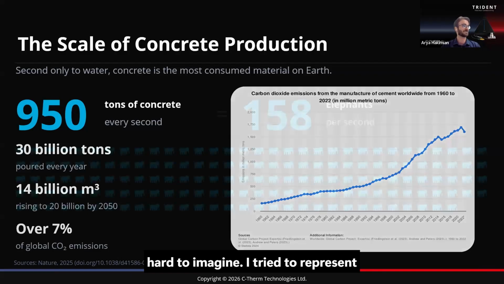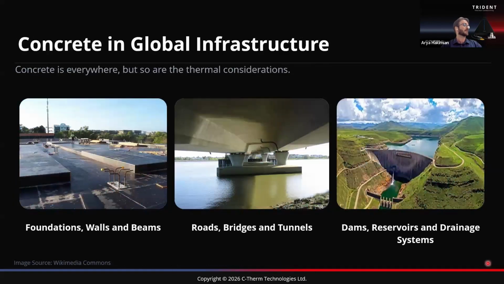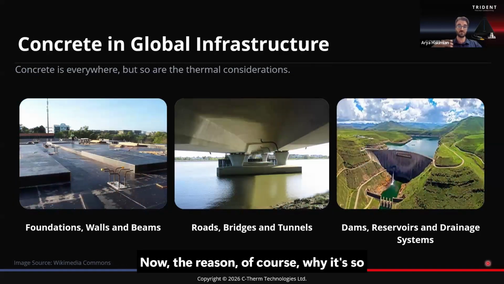I tried to represent this in a way that maybe you'll be able to pick up a little easier, but that's a significant amount of elephants, to put it lightly, right? So the scale and the volume of material being produced is quite significant. And we're going to go through some of the different considerations and how to best test this very utilized material in today's session.